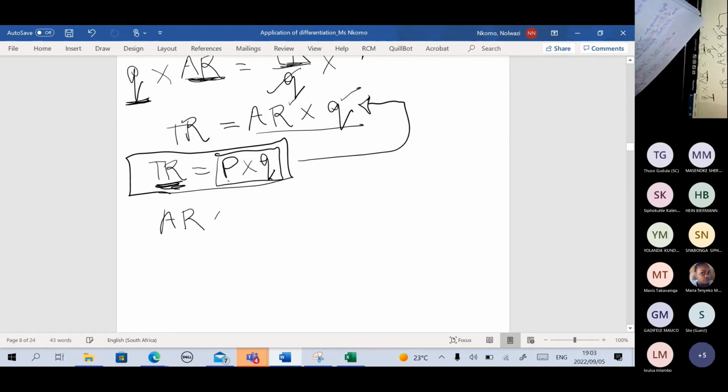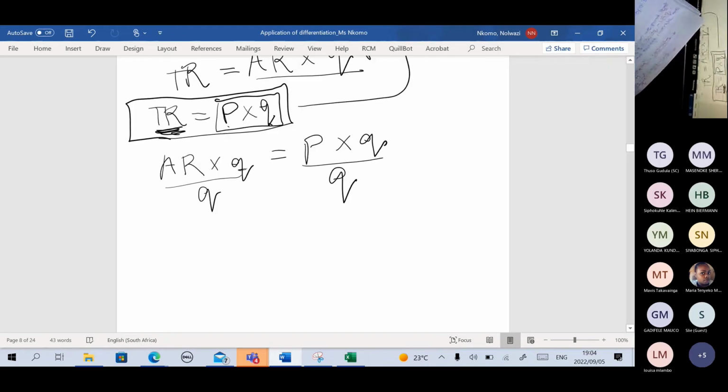Average revenue times Q is equal to P times Q, right? Let's say we want to make the average revenue the subject of the formula. We want to get rid of this Q. The easy way is to divide with it on both sides, right?